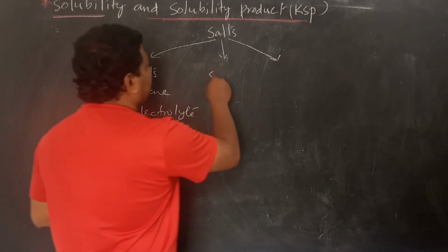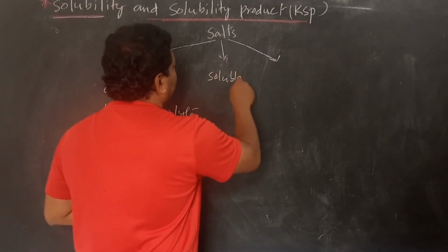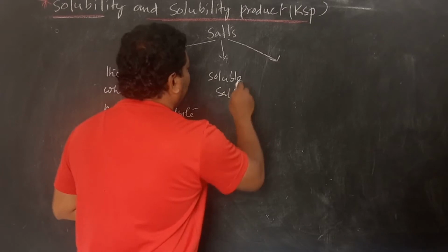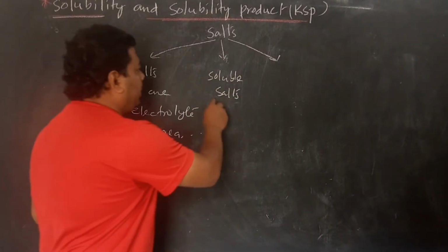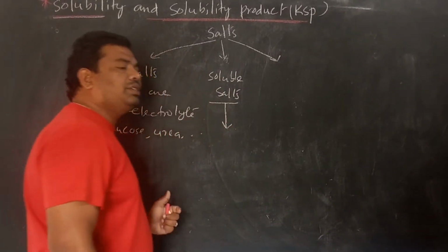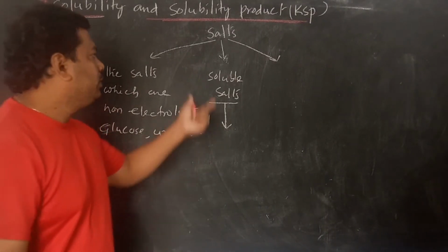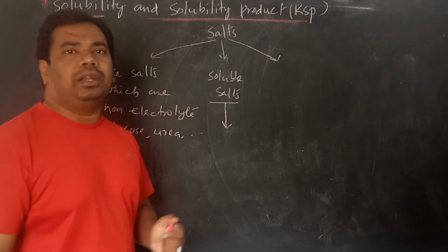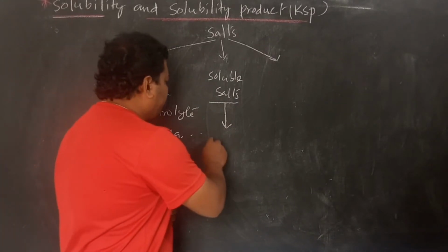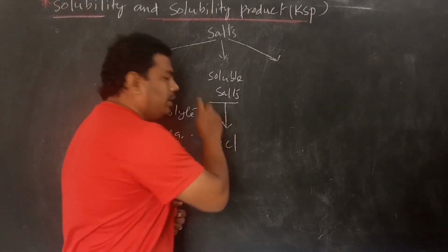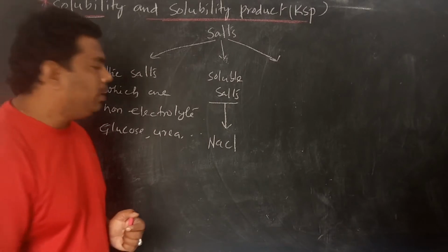The second type is soluble salts. Soluble salts means the salt which is completely dissociated into ions. For example, you can take a common salt, sodium chloride.